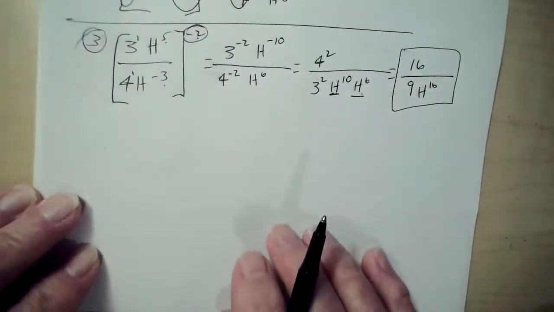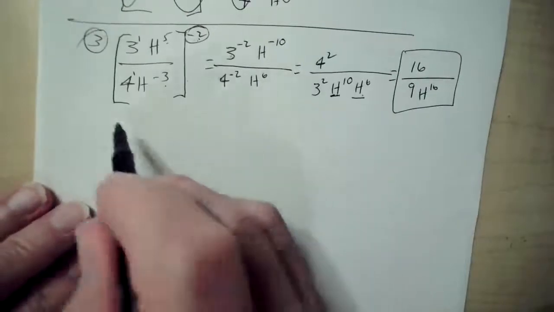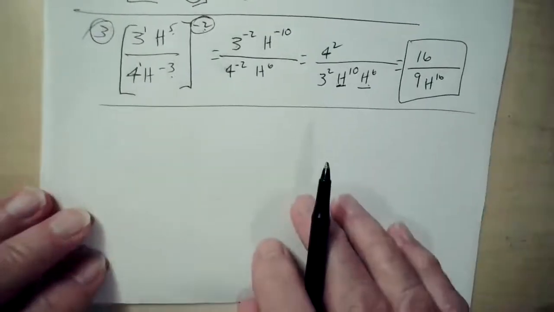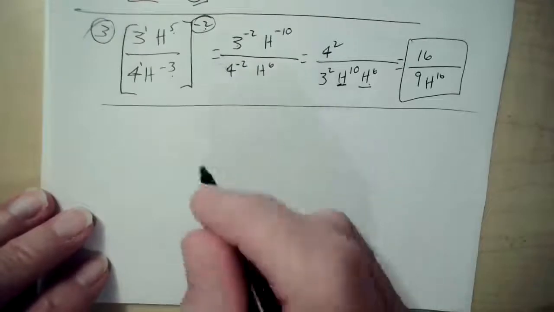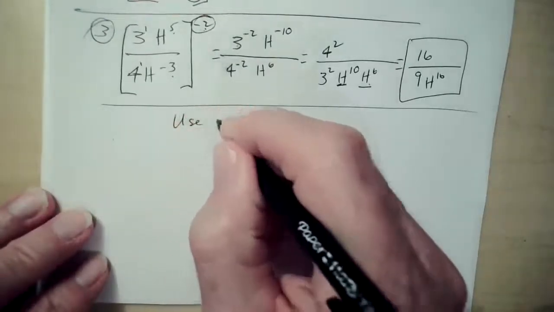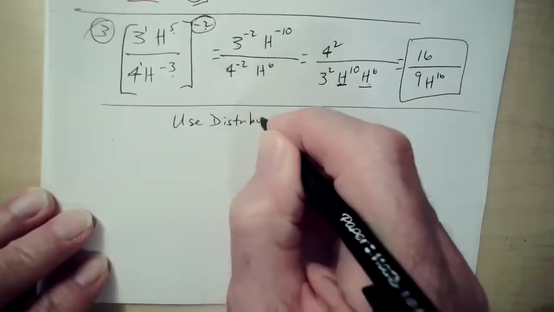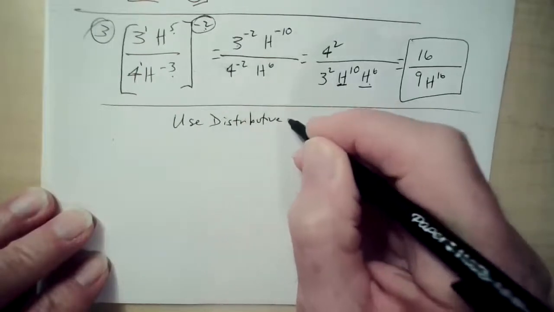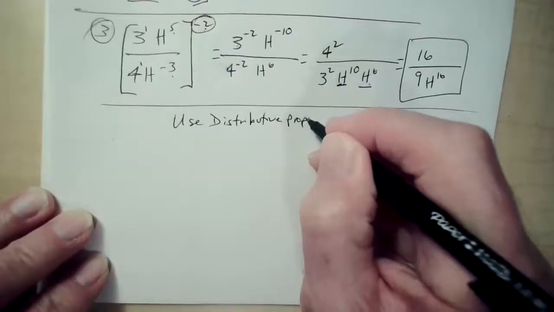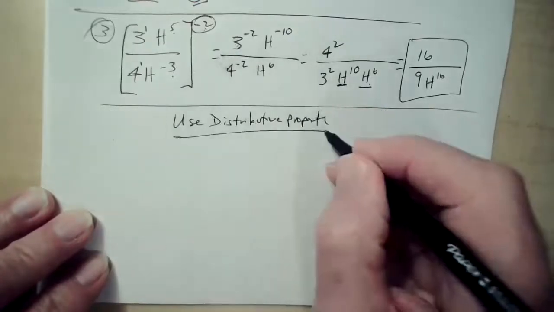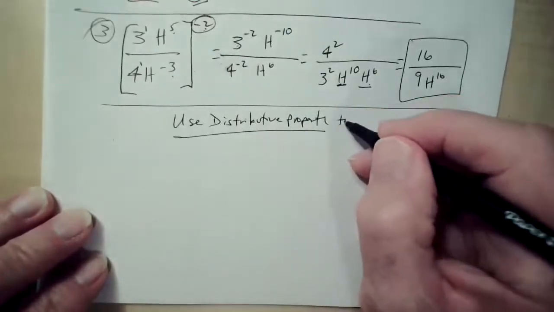And number 4 is use the distributive property to evaluate.